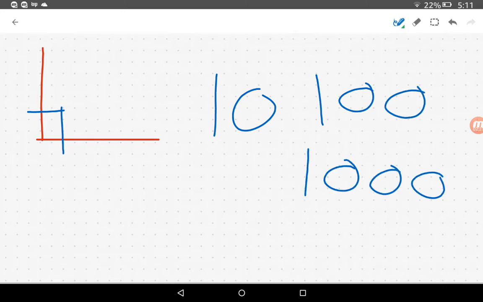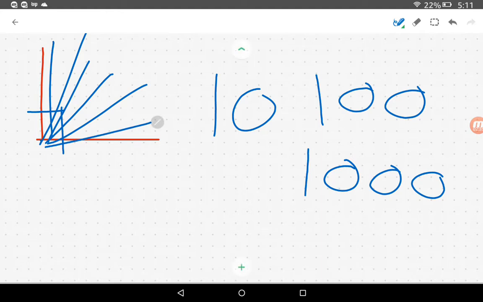So what they did was divide this right angle into 100 pieces. Each piece is considered as one gradian.